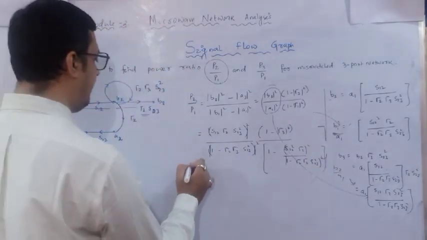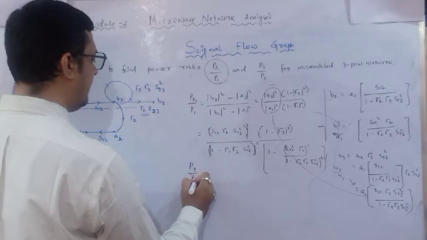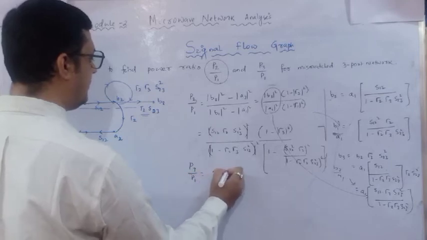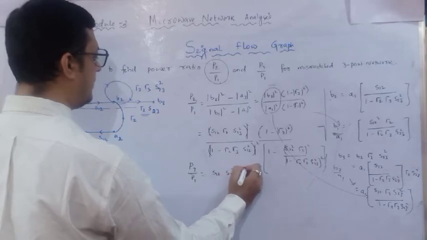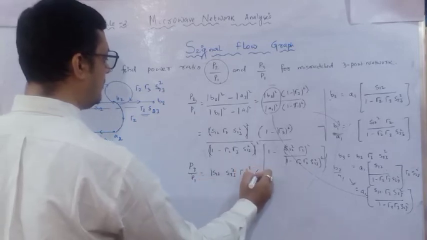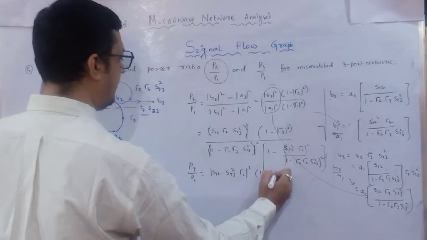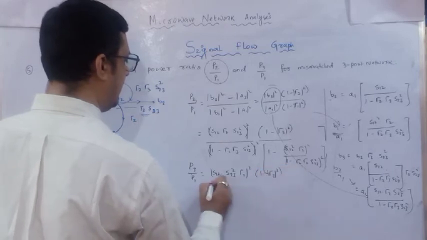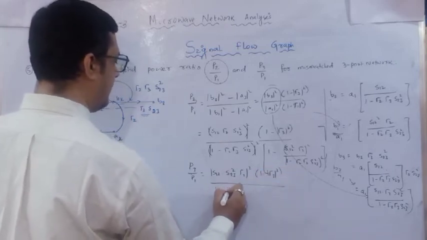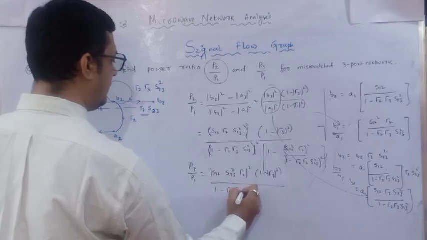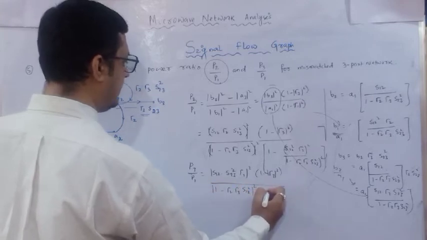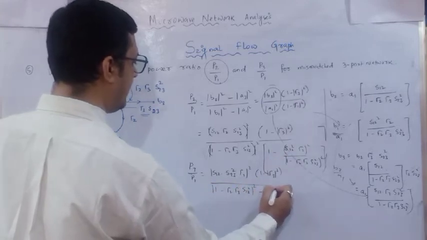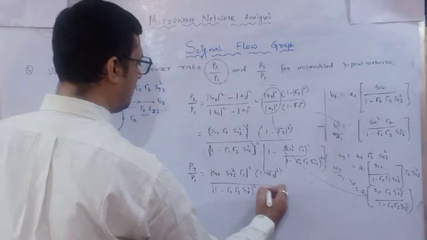So we will be left with P3 by P1 as S12 S23 square reflection coefficient 2 mod square, 1 minus reflection coefficient 3 square whole, divided by 1 minus reflection coefficient 2 3 and S23 square mod square, minus S12 square reflection coefficient 2 square.